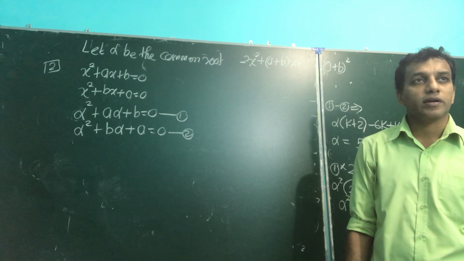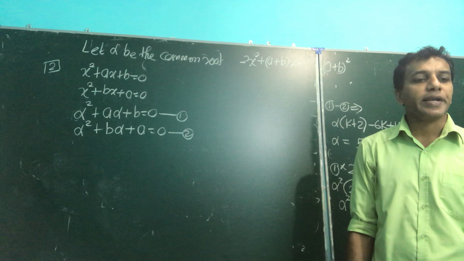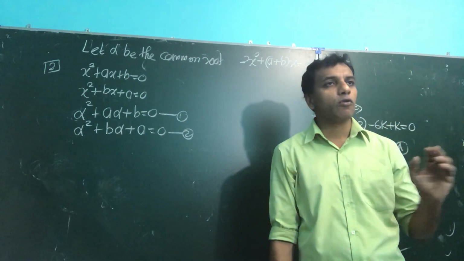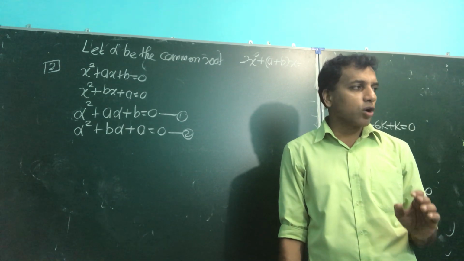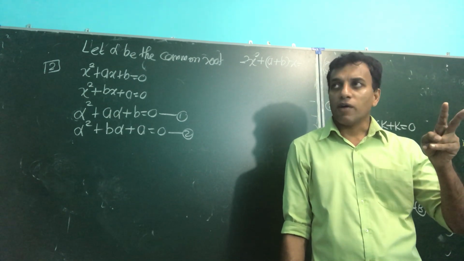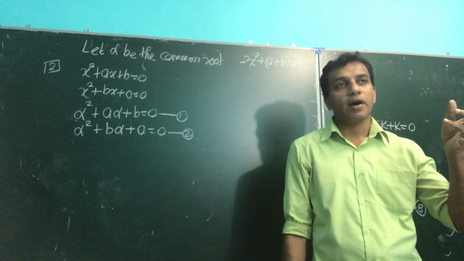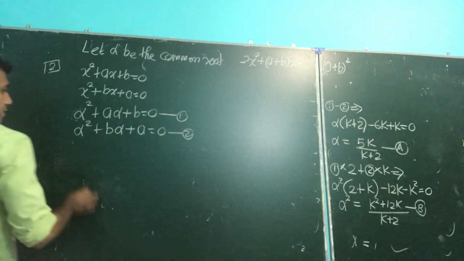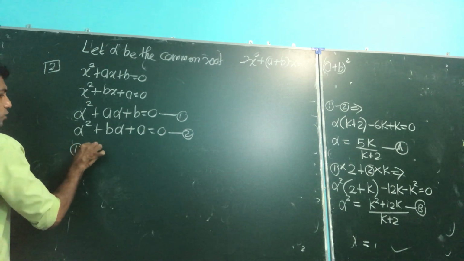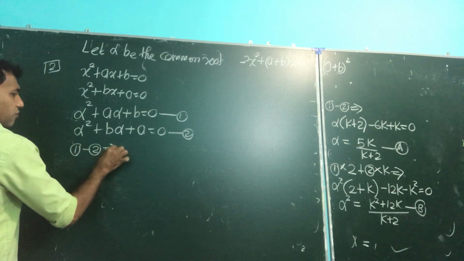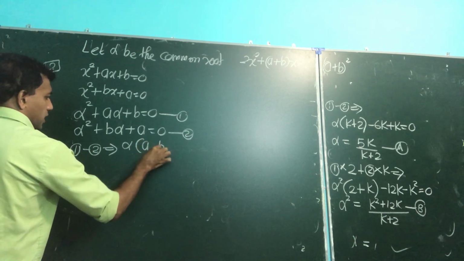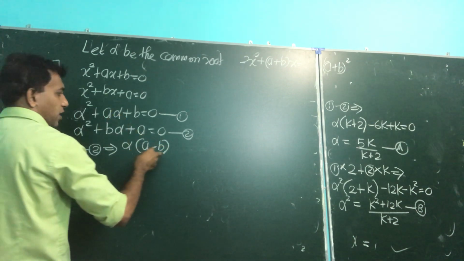Now find alpha and alpha square, equate, right? That's the common roots idea. We'll find their common root in two methods. One is as alpha, other one as alpha square. So here if you subtract, 1 minus 2, alpha square cancels, a minus b, I'll take the alpha out.